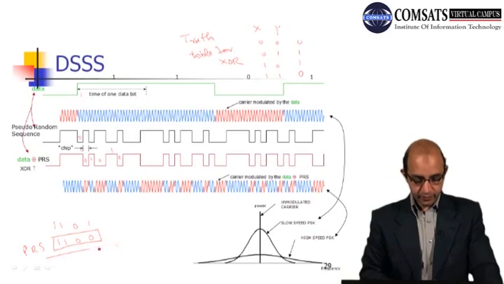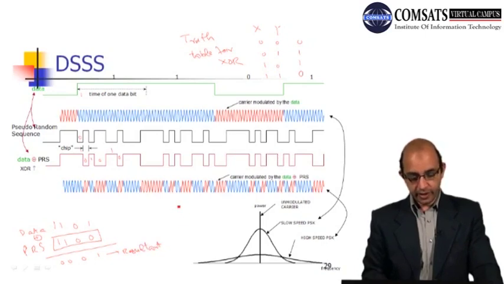So I am performing the XOR with 1 0 0 0. So we have the XOR operation between the data and the PRS, and this is the resultant.